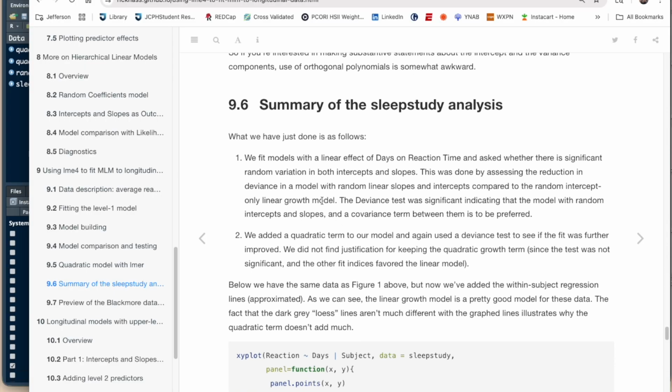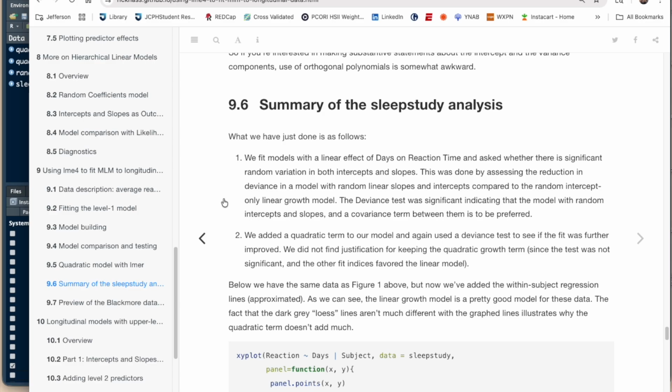Okay, so what do we do? We fit some models with the linear effect of days on reaction time. We asked whether there was significant variation in the intercepts and the slopes. And again, "significant" we use with a grain of salt. The likelihood ratio tests are only approximate.